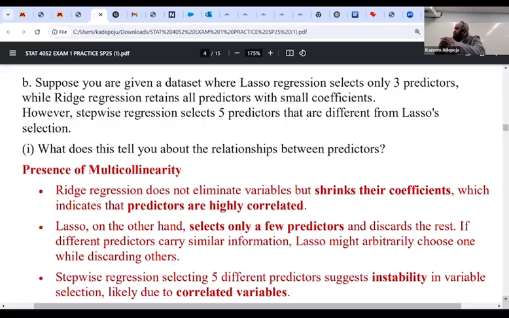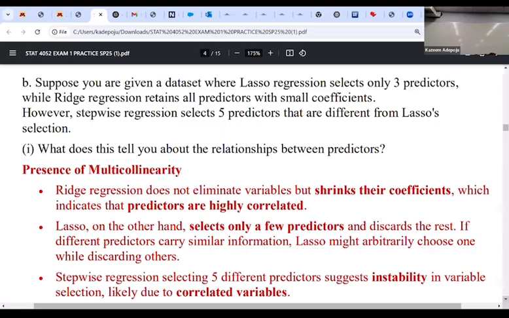It tells you that there is presence of multicollinearity, because if there's no multicollinearity, that shouldn't happen.